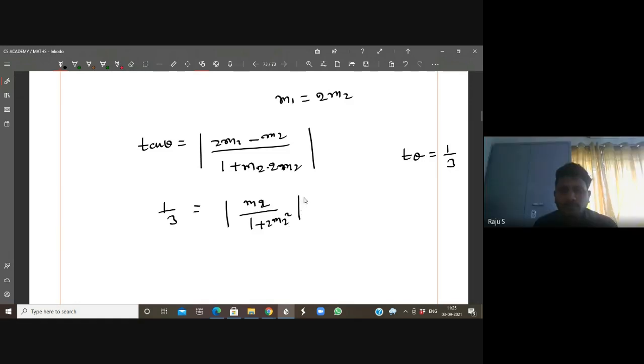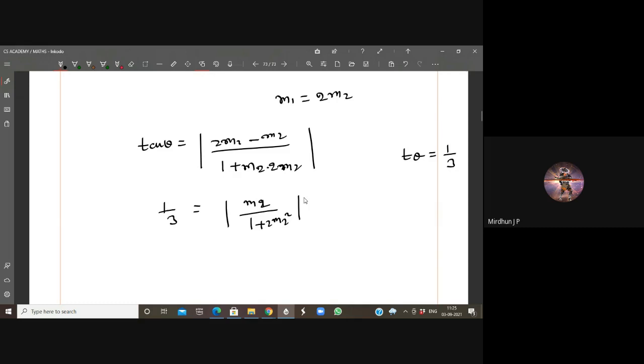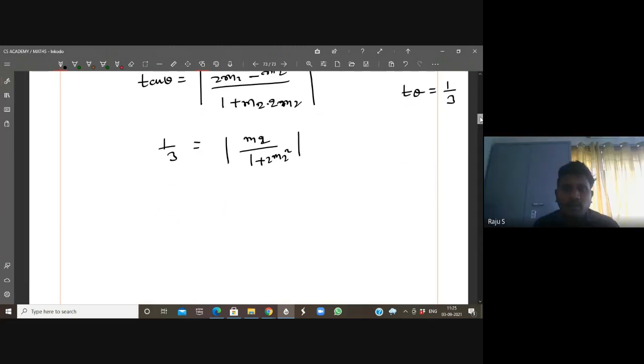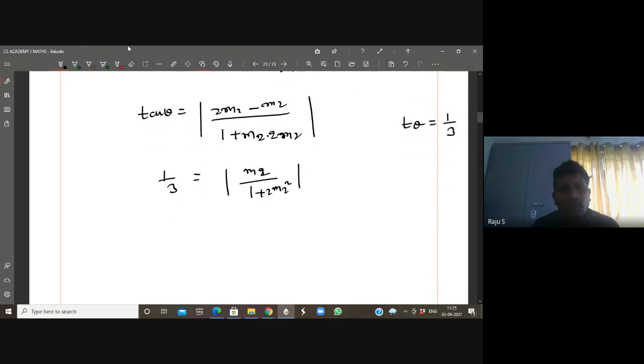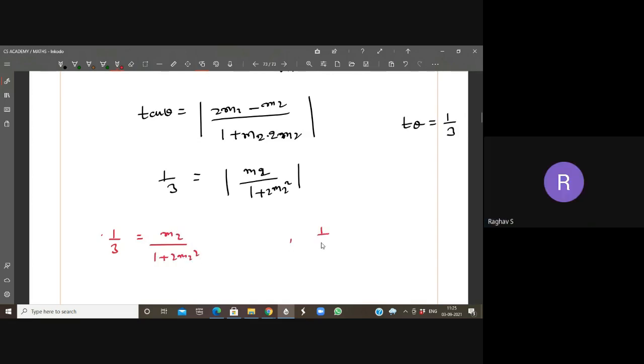Then 1 by 9 is equal to m2 square by 1 plus 2m2 square, and we can cross multiply. Removing the modulus, it will come plus or minus. Now again we are going to get a quadratic equation and we have to solve that. We may do it in different ways: 1 by 3 is equal to plus m2 by 1 plus 2m2 square, or the other, 1 by 3 equal to minus m2 by 1 plus 2m2 square.